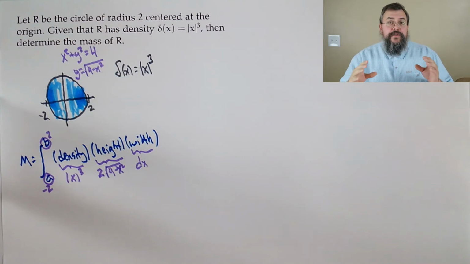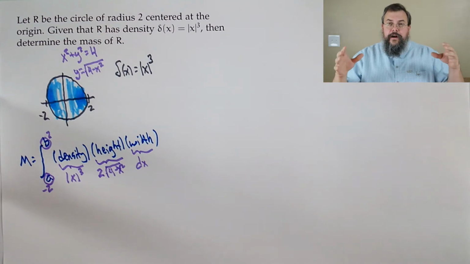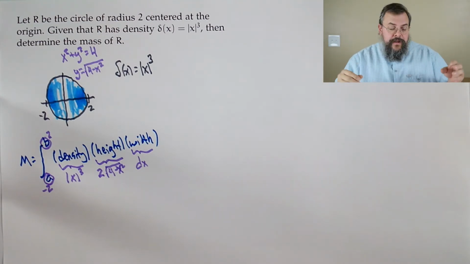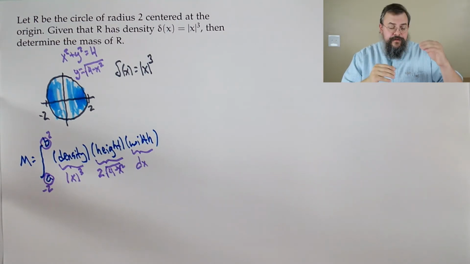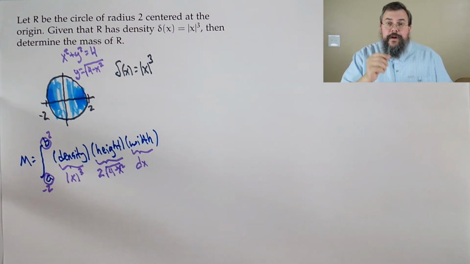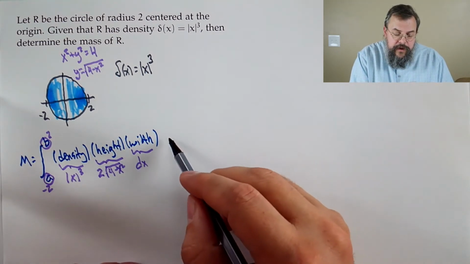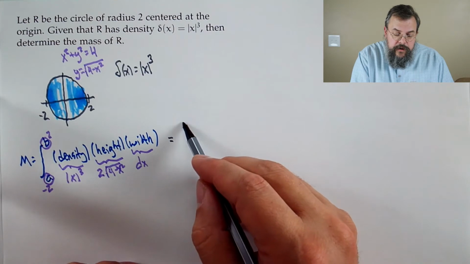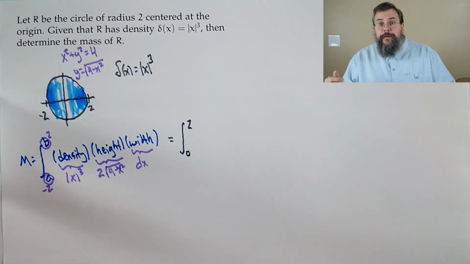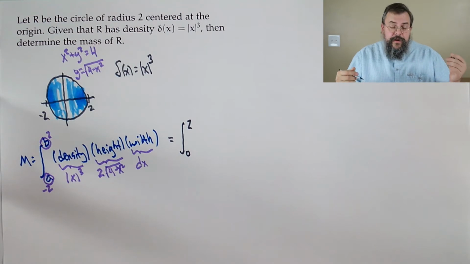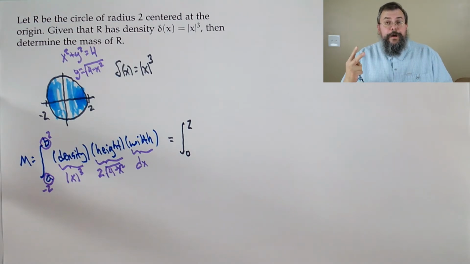Which means I only have to do half of the picture and then double, and now I see the whole symmetry. I see the whole mass. So instead of going from -2 to +2, we just need to go from 0 to 2. So we're going to do the following. We're going to go from 0 up to 2. But if we do that, we have to double our result. So we're going to have a factor of 2.